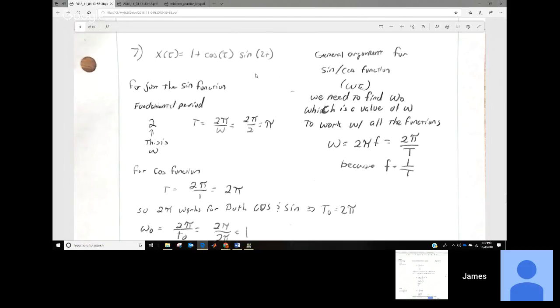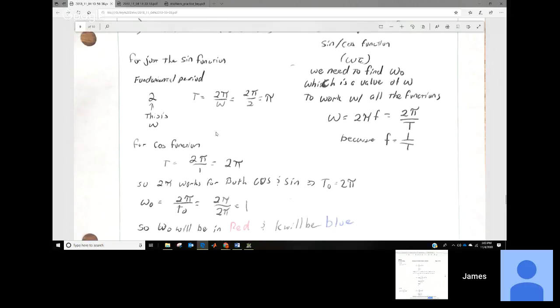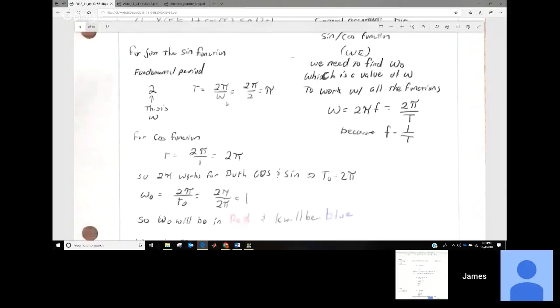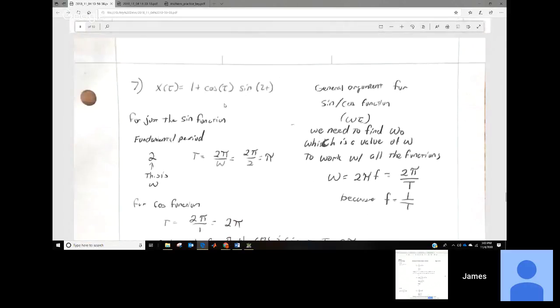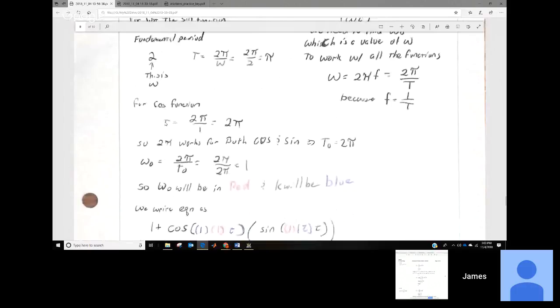We solved omega equals 2 pi f, or 2 pi divided by period, for period, and we got 2 pi divided by the angular frequency 2, which is just pi. For the cosine function, we pulled down the 1. You can just think there's a 1 there. Then our period is 2 pi divided by omega, which is 1, which equals 2 pi.